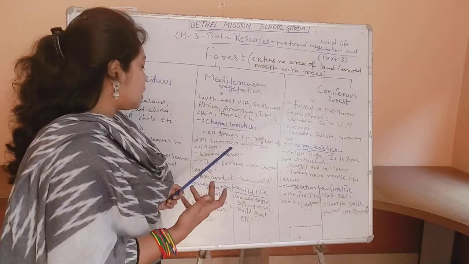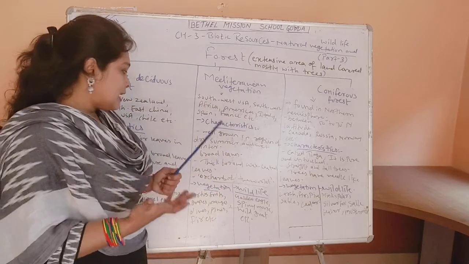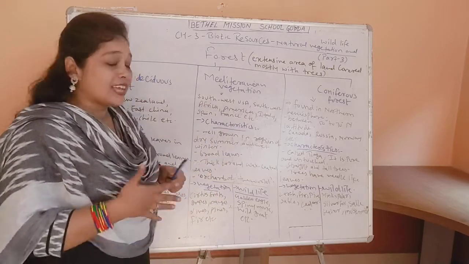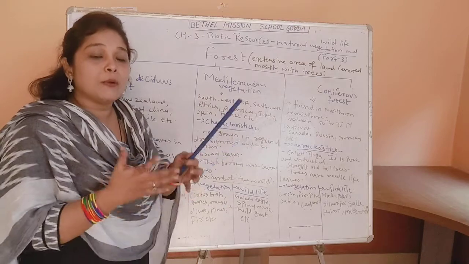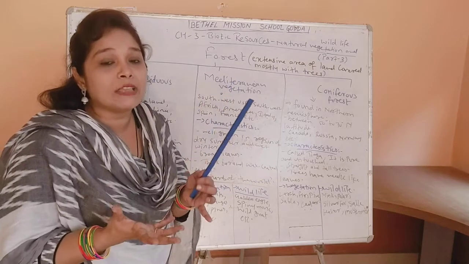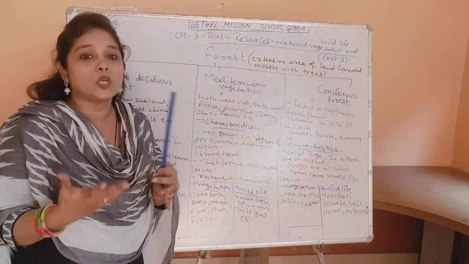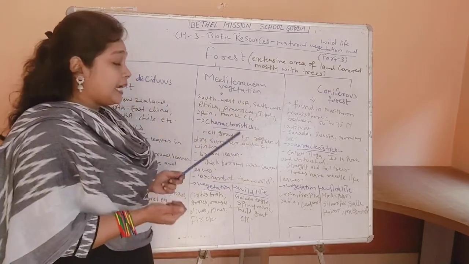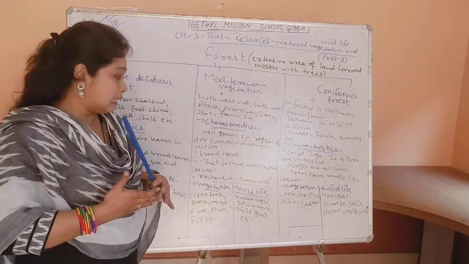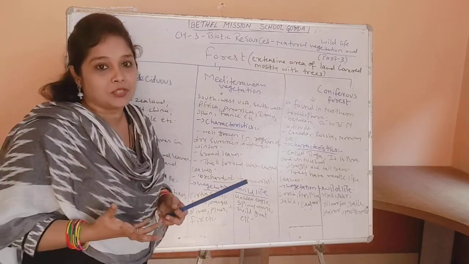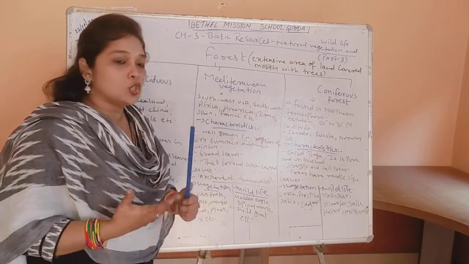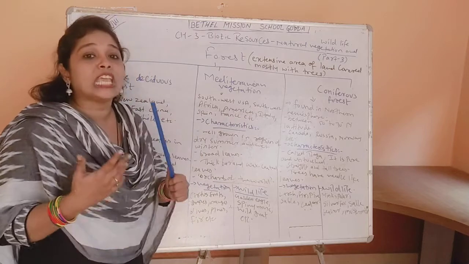Now when we talk about the leaves, it has thick, broad and wax-coated leaves, because in the winter season and summer season it requires both hot and cold climate. It is also because of the broad, wax-coated leaves that this particular forest is also known as the orchards of the wild.